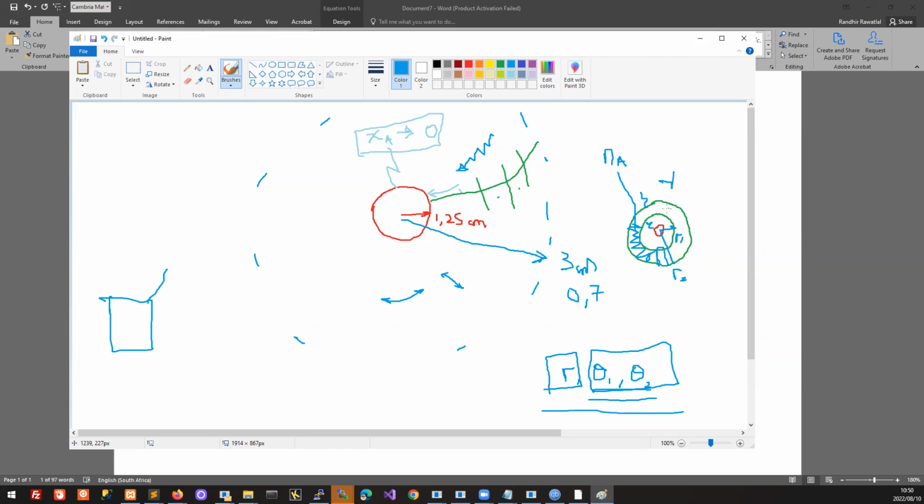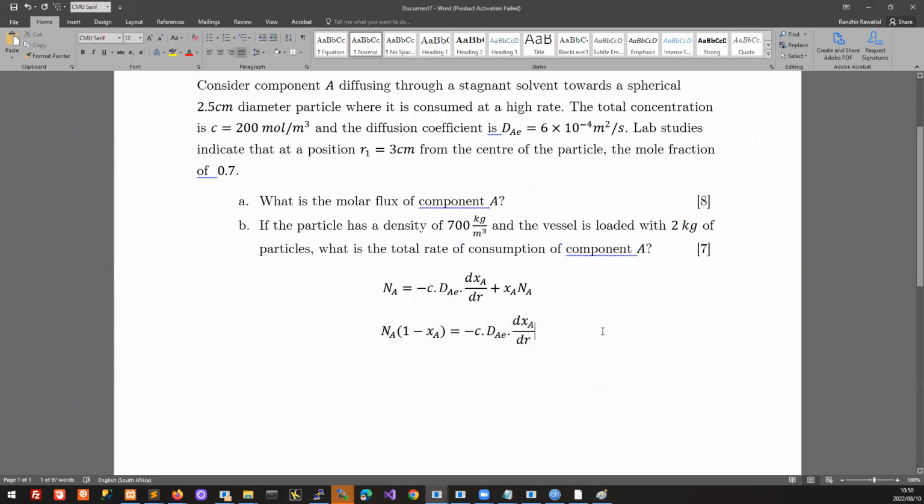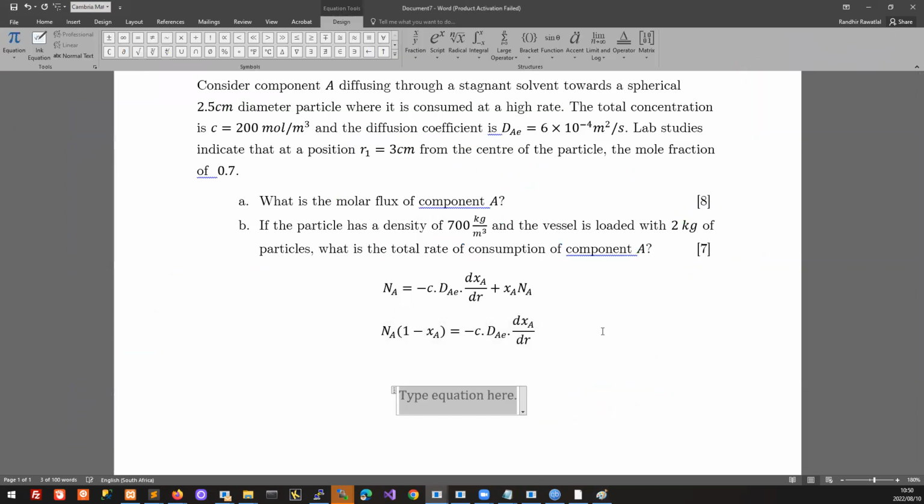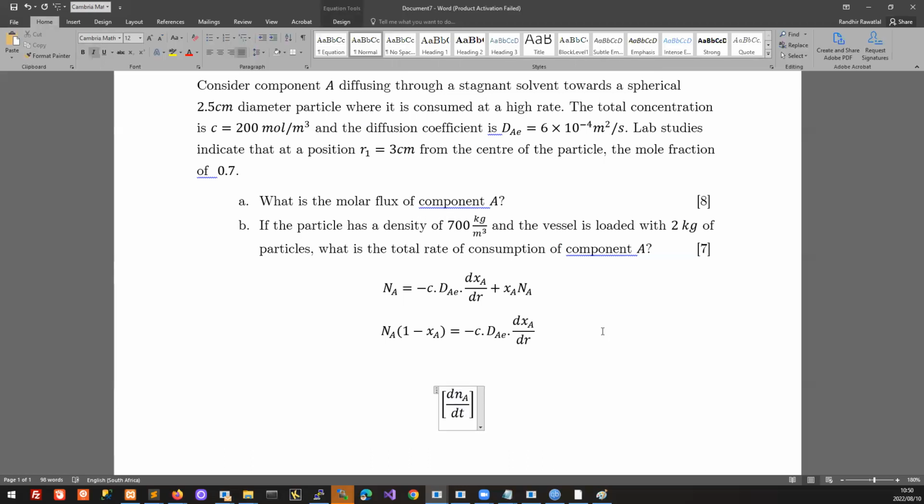Okay, and now how do we write the moles leaving and entering? The way we do that is to say dN_A/dt, the number of moles of A changing with time between two positions. So let's say this is between positions R, where R is an element of R1 and R2.